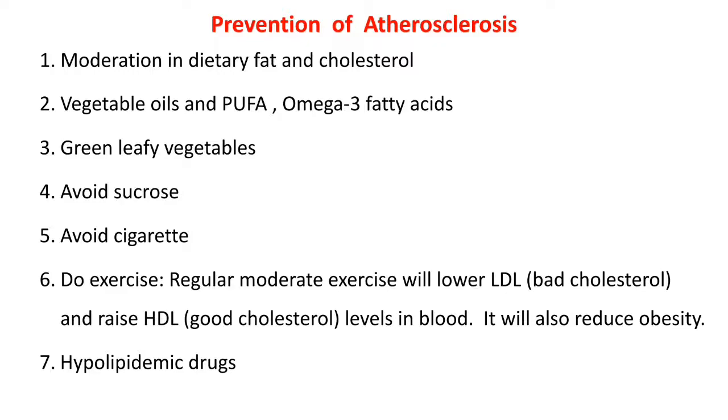So how can we prevent atherosclerosis or cardiac diseases? Moderation in dietary fat and cholesterol. We have to increase the consumption of good cholesterol and decrease the bad cholesterol, LDL. Increase the intake of vegetable oils which contain polyunsaturated fatty acids and omega 3 fatty acids, and eat more green leafy vegetables.